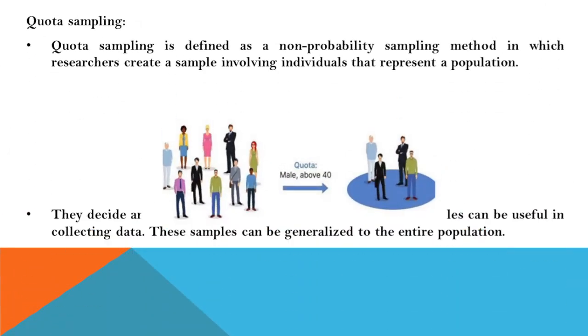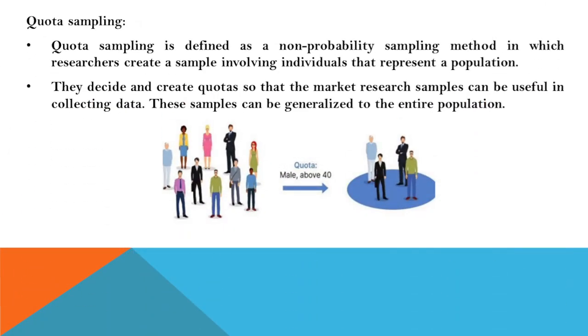Another type of non-probability sampling is quota sampling. It is defined as a non-probability sampling method in which researchers create a sample involving individuals that represent the population. They decide and create quotas so that the market research samples can be useful in collecting data.